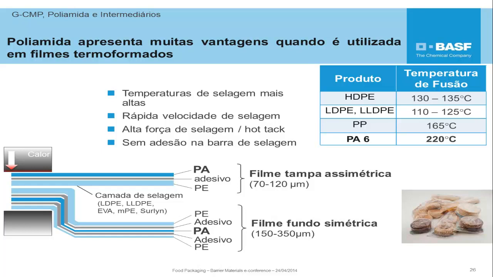We saw also that as this affected the mechanical properties and barrier, compared to the traditional materials such as polyethylene and polypropylene, the polyamide improves its properties in multi-barrier materials. As can be seen, the polyamide has a higher melting point, and that means the use of polyamide has to deal with higher temperatures.